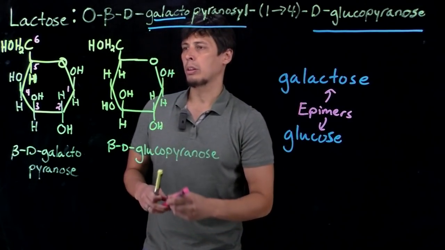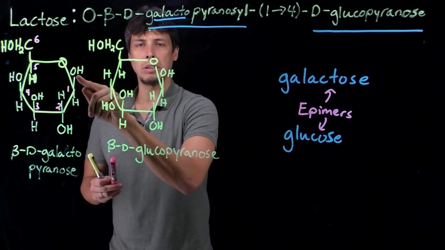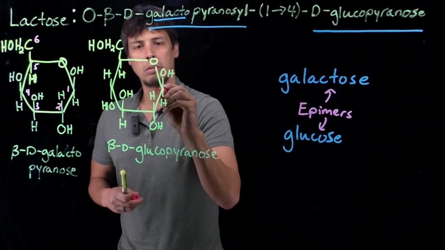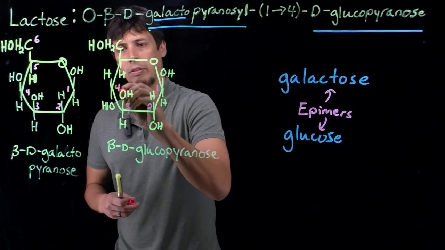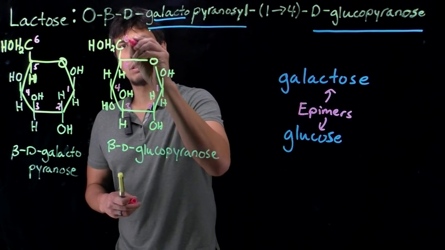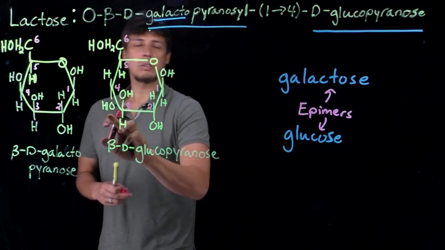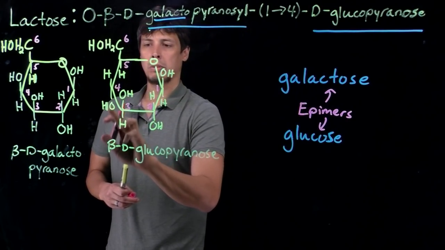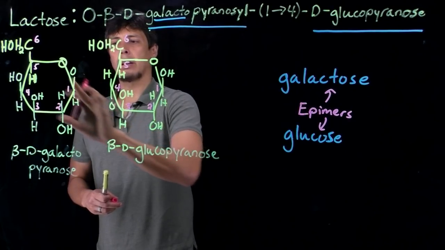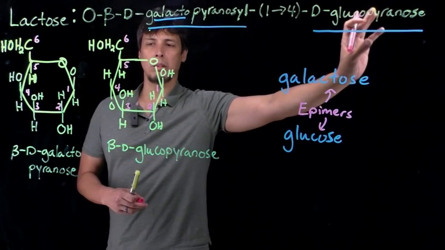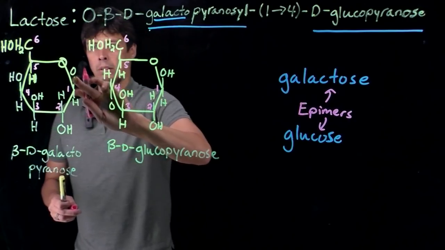So we know where our 1 carbon is. Here's our oxygen at the 1 carbon. We number our glucose 1, 2, 3, 4, 5, 6. Here's the oxygen at the 4 position. So what we can simply do is lay these next to each other, left to right, as we read the name across.